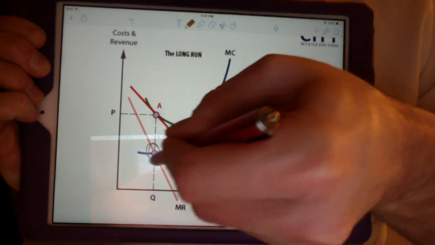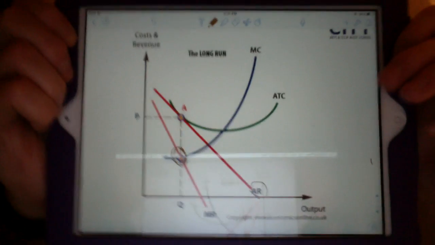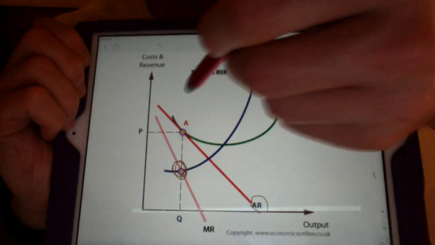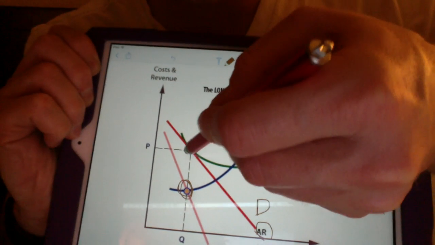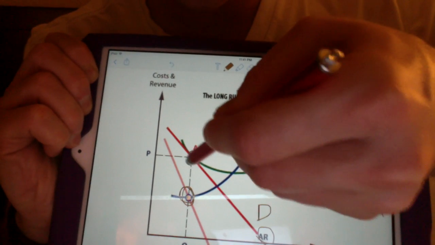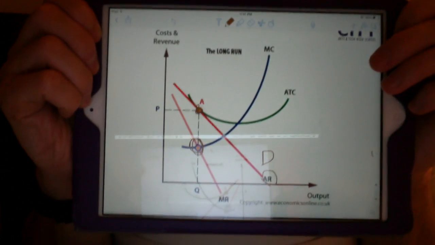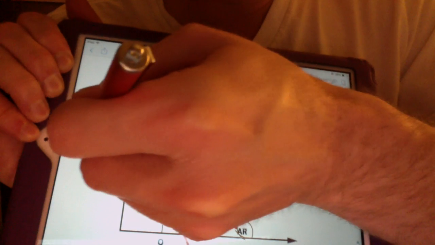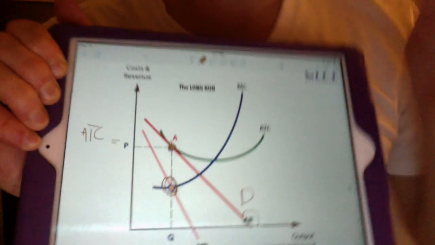That's right here. But what is also going to occur there is you're going to have your demand tangent. That means it hits at one point, so it's tangent to your average total cost. That means price is equal to average total cost.